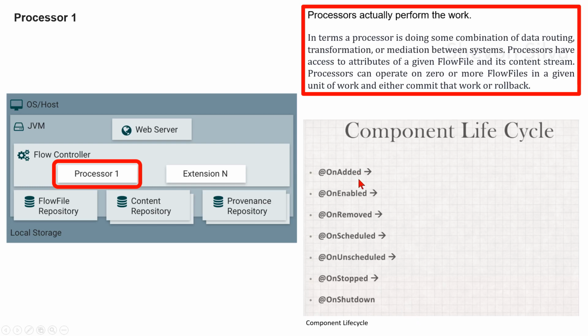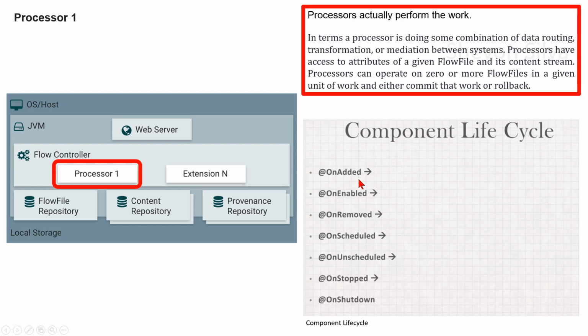@OnAdded. The @OnAdded annotation causes a method to be invoked as soon as a component is created. The component's initialize method, or init method if a subclass of AbstractProcessor, will be invoked after the component is constructed, followed by the method annotated with @OnAdded.